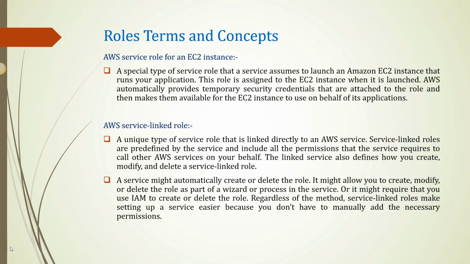A service might automatically create or delete the role. It might allow you to create, modify, or delete the role as part of a wizard or process in the service. Or it might require that you use IAM to create or delete the role. Regardless of the method, a service linked role makes setting up a service easier because you don't have to manually add the necessary permissions.